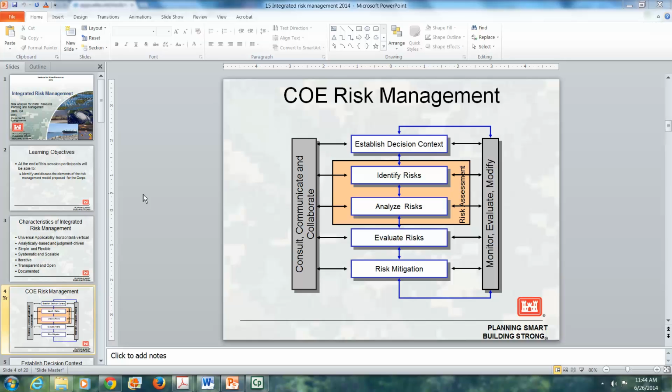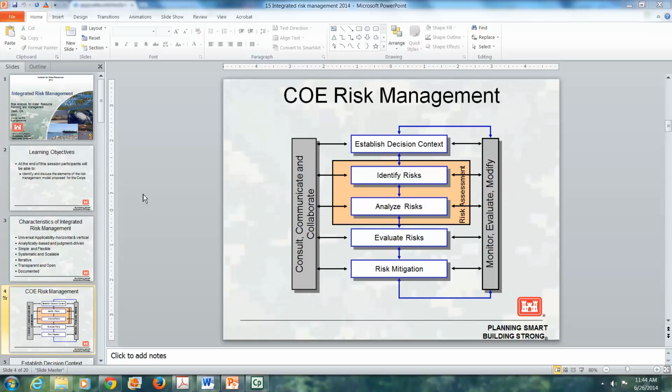That process is still underway, and so as yet, the U.S. Army Corps of Engineers does not have a formal risk management model that it has adopted. However, this is the model that they are considering, and if the choice was made today, they would choose the model that you're looking at.